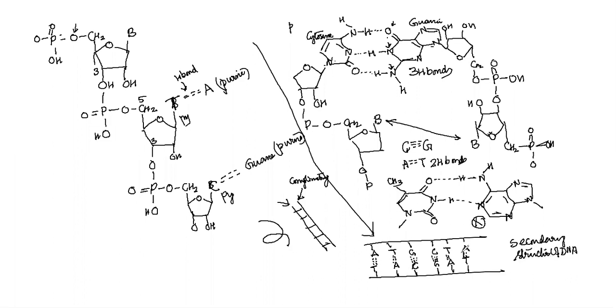Okay. And these strands will coil to see one double helix structure. So this is one, and a second one here.